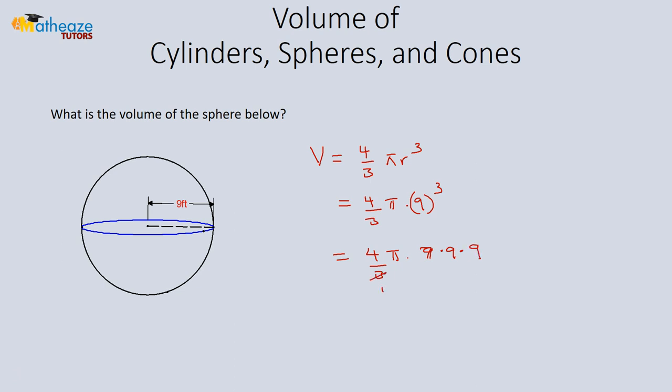So we divide 3 by 3 and we divide 3 by 9, we get a 3. So this is going to be 12 times 81 times pi, which is 972 pi cubic feet.